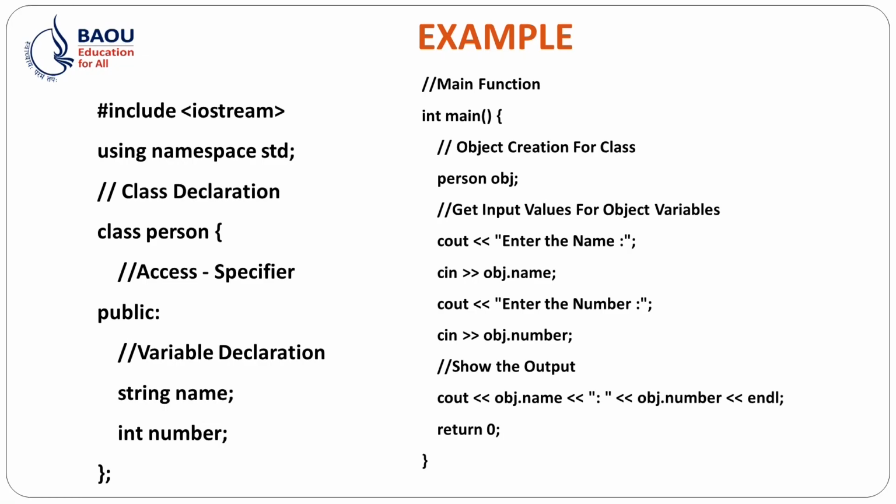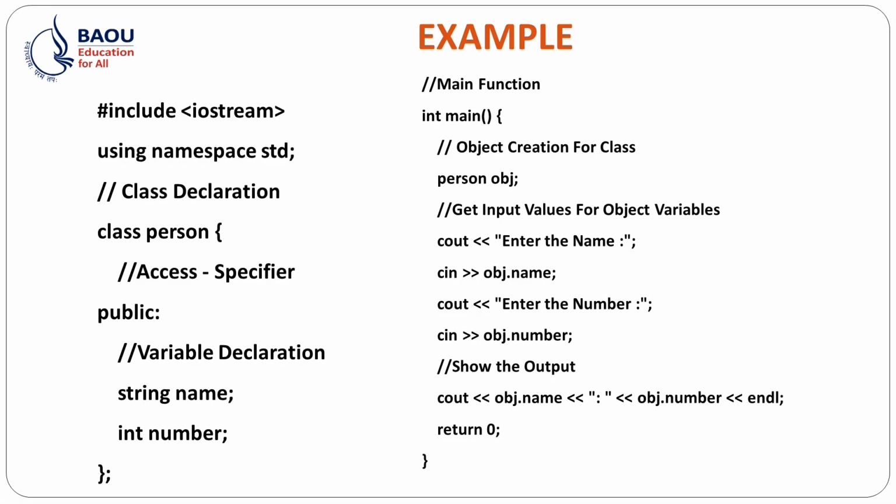Because obj is our object, and whenever we try to access our class variables, we have to use the dot operator, that is obj dot name, and enter the number. Then I will write obj dot number, and when I want to fetch the details, I will simply print obj dot name and obj dot number in cout.